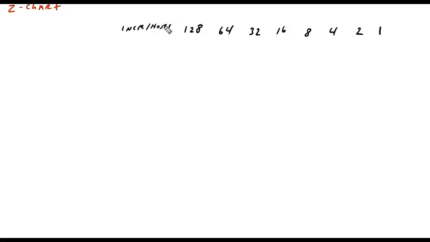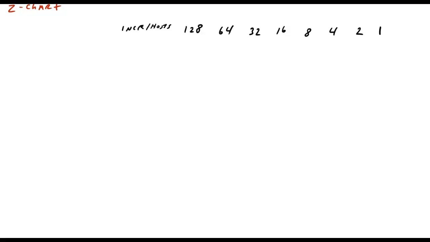I will explain this later, but it's going to represent the size of increments that we're going to use when we subnet. And it's also going to represent the number of hosts that we can get out of a network. Now, the caveat is you always have to subtract 2 when you're looking at the number of hosts. But for now, don't worry about that yet, because we're not going to get into that yet.